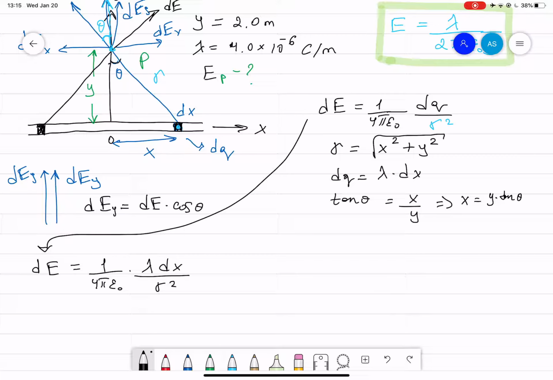So if you have this equation where x is equal to y tangent theta, and you want to find the derivative of x, then what will I get? If you take the derivative of that one, you should get y sec squared theta d theta. Then what else?